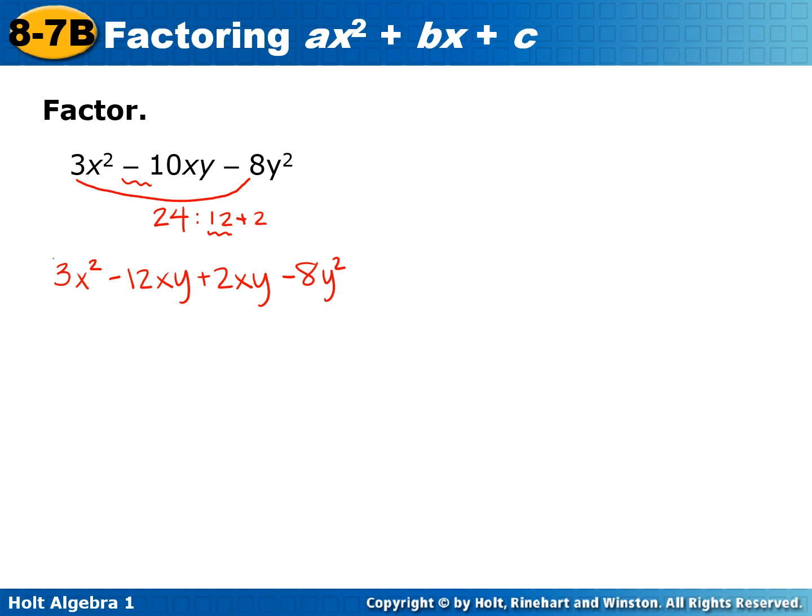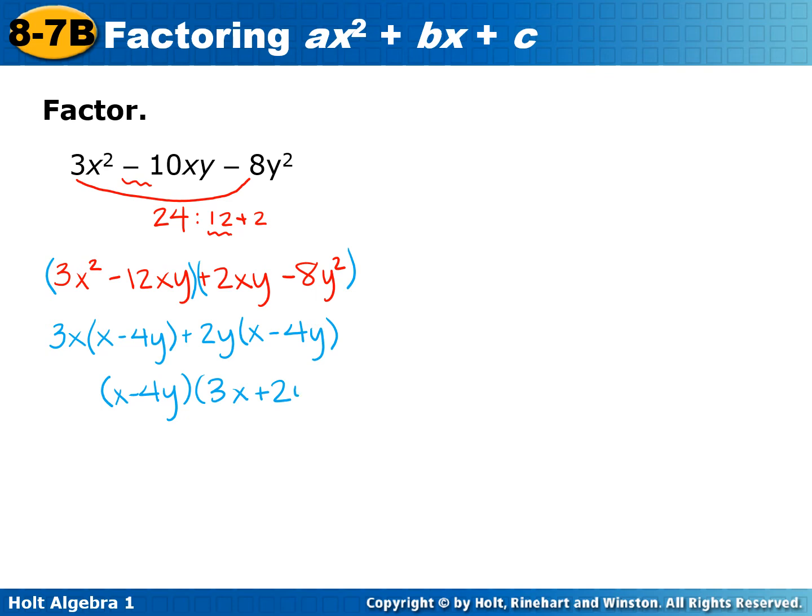And now I can group because I have a 4-term polynomial, and I can factor out a 3x, and I'm left with x minus 4y. Over here I can factor out a 2y, and I'm left with x minus 4y. My common term again is x minus 4y, and I'm left with 3x plus 2y.